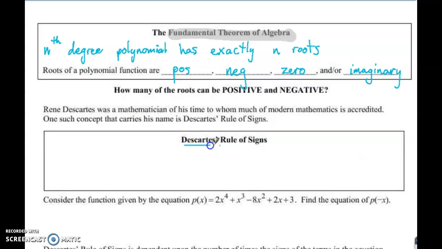Now, Descartes came up with this rule of signs, which is kind of interesting, and it's sort of difficult to follow. But it's a good indicator of how many roots there are.